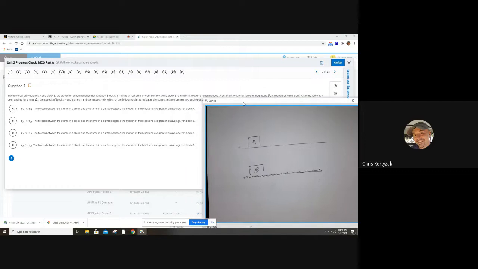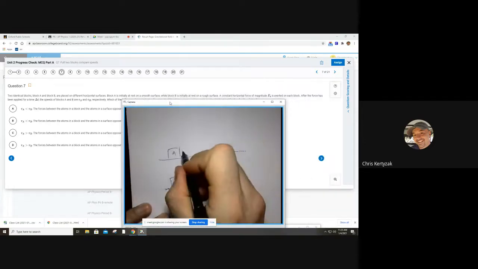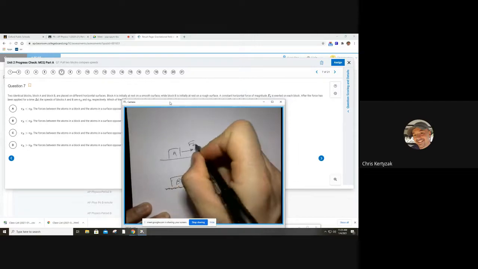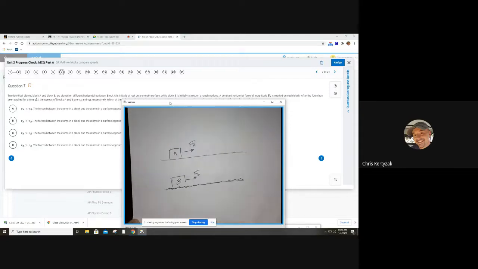A constant horizontal force of magnitude F naught, F sub 0, whatever you want to call it, some force, but the same force is being applied to both. It's 3 newtons of force applied here, it's 3 newtons of force applied here. And they said constant, so it's not a push and a release, you're continuing to pull on both of these with a constant force. That's the same in both experiments.